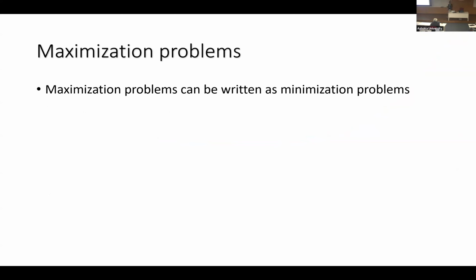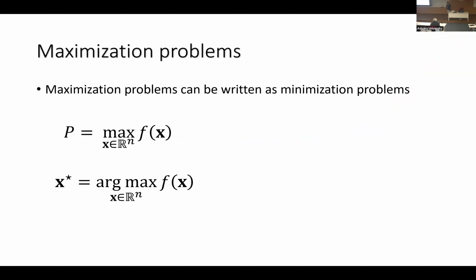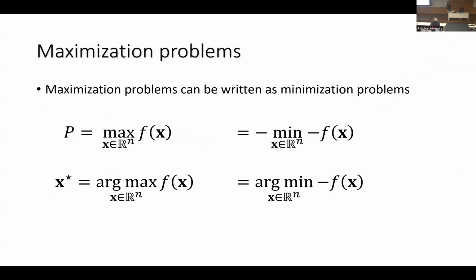Just to clarify the notation, maximization problems can also be written as minimization ones. If I have a problem which involves maximization, these are two different ways of writing it, and it can be related to the minimization problem like this. So you put a minus sign here and here.